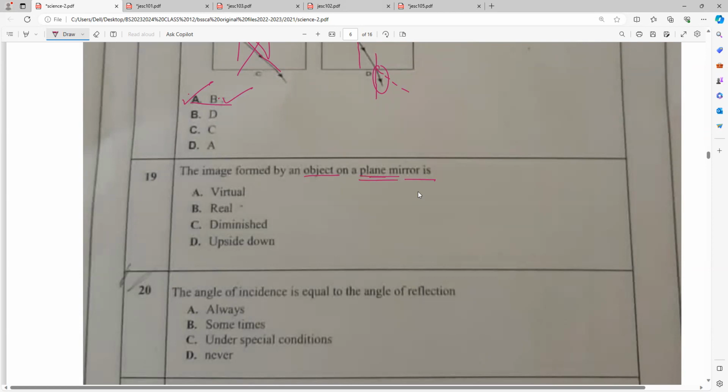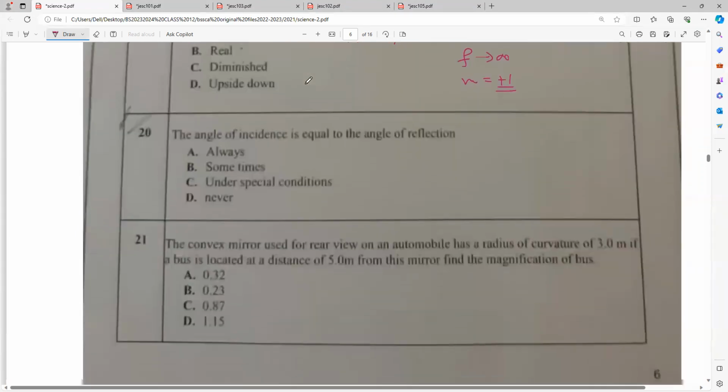Virtual. Always virtual, erect and same size. Focal length is infinity. Magnification is +1. All are easy ones, correct?